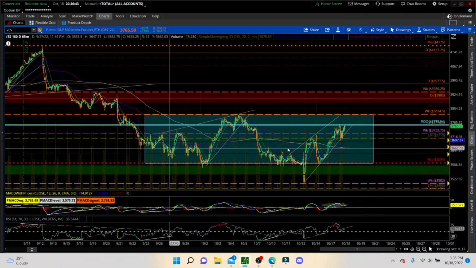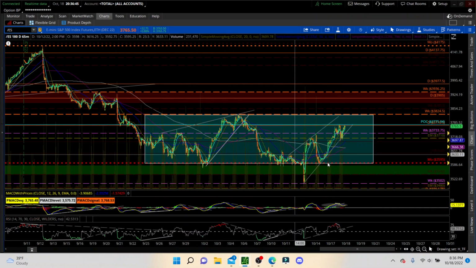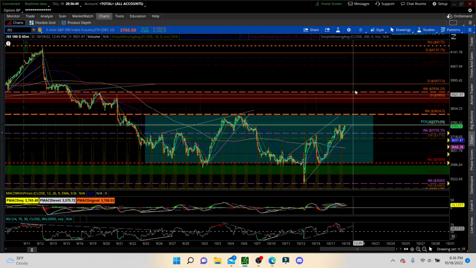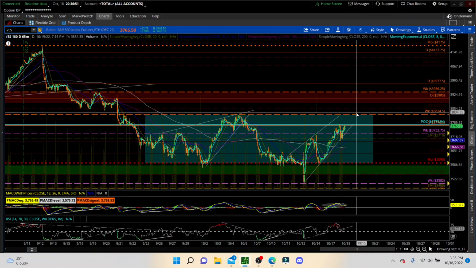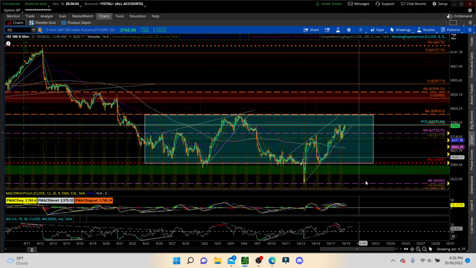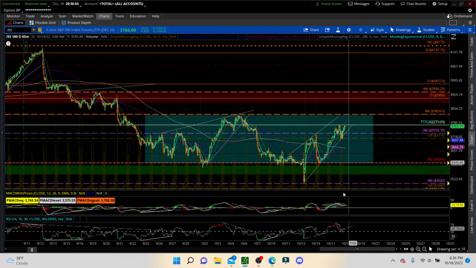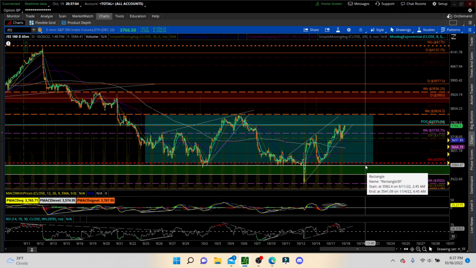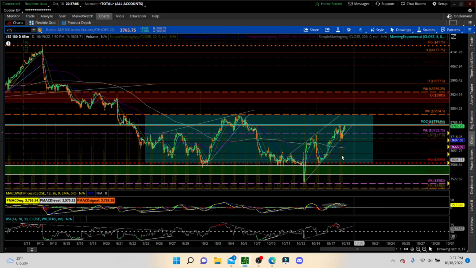This is a huge zone here. As soon as we break down from this zone officially or break out from this zone officially, it should be a big move. So I'm looking towards the downside, but don't be too biased that you won't set your stops and won't get out of your price action if you're headed the wrong way and on the wrong side of the chart.